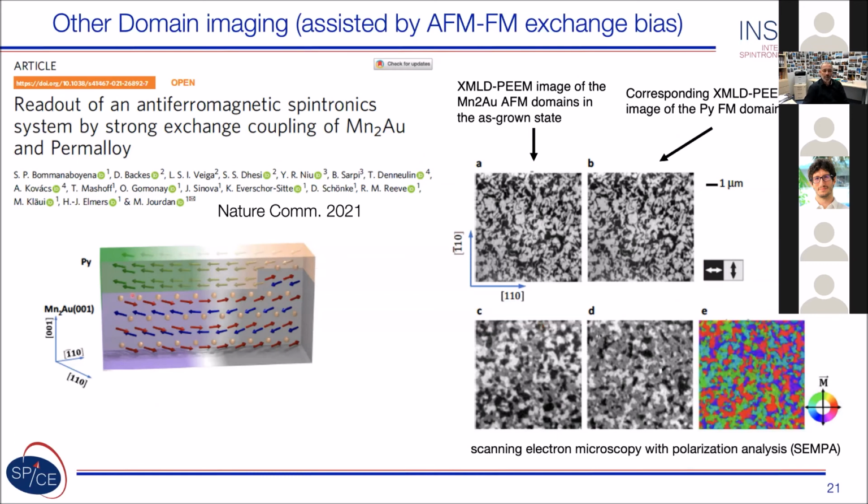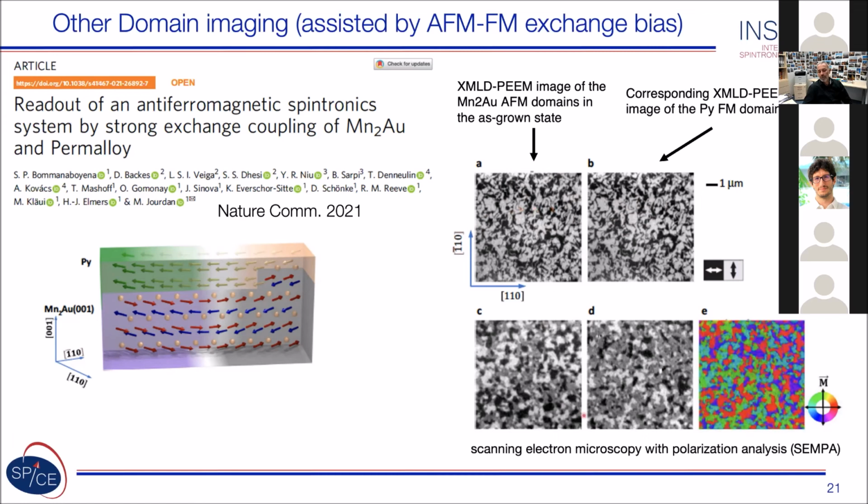So having this permalloy layer on top of the antiferromagnet, this manganese gold. In the work they show the as-grown state, and afterwards the permalloy that is on top, how the domains correspond to each other. So this is before it's grown, then you put the layer of permalloy on top and measure the domains of the permalloy, and they correspond one to one.